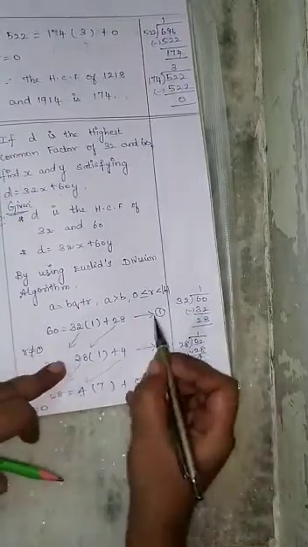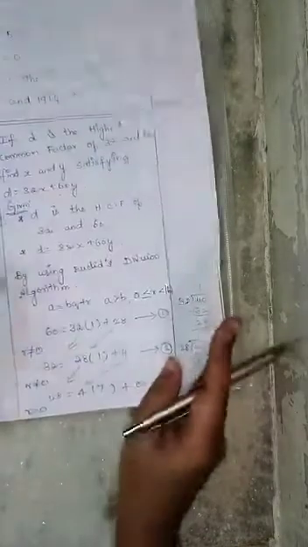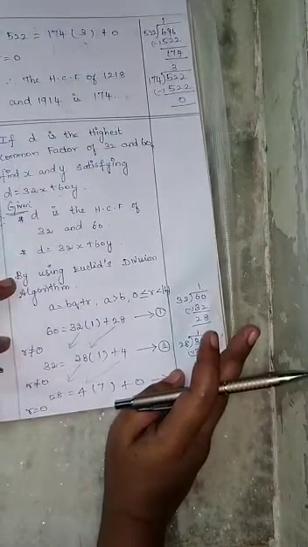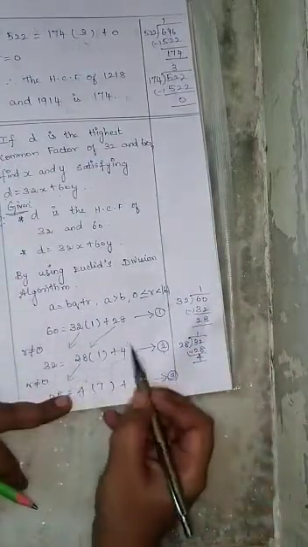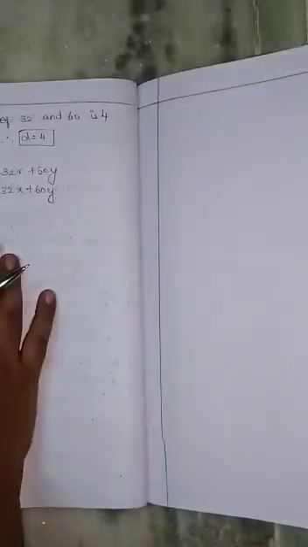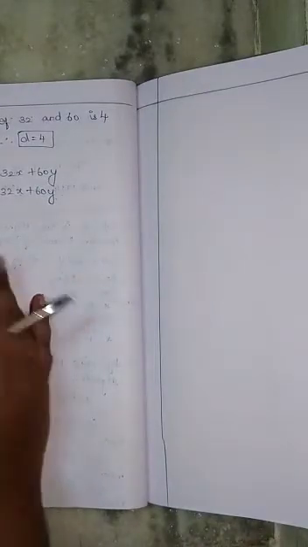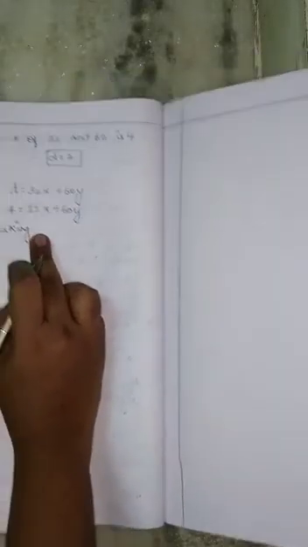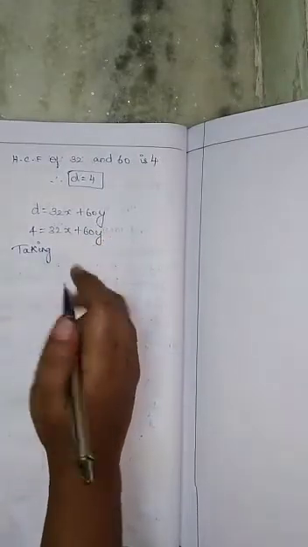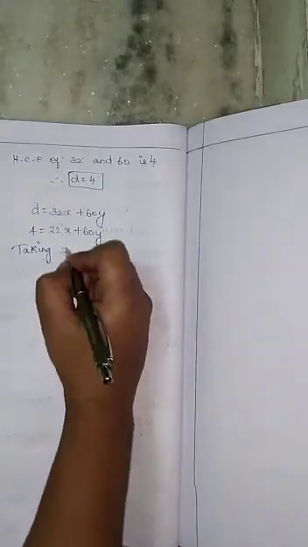Looking at the equations, where is the value 4? It is in the second equation only. So taking the second equation, because I am going to apply some value, only then will I get the x value and y value.